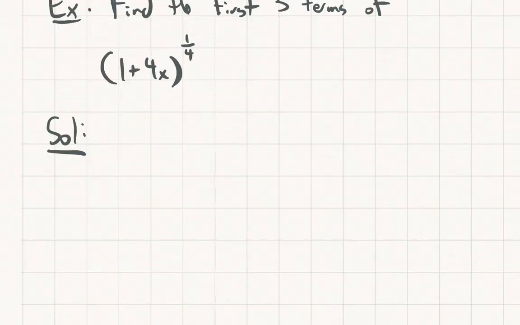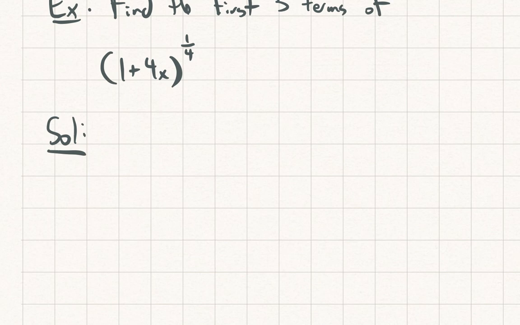Okay, let's look at this. Let's find the first 5 terms of (1 plus 4x) to the 1/4. So we'll have a fractional exponent here, and we'll deal with another fractional exponent later on as well.